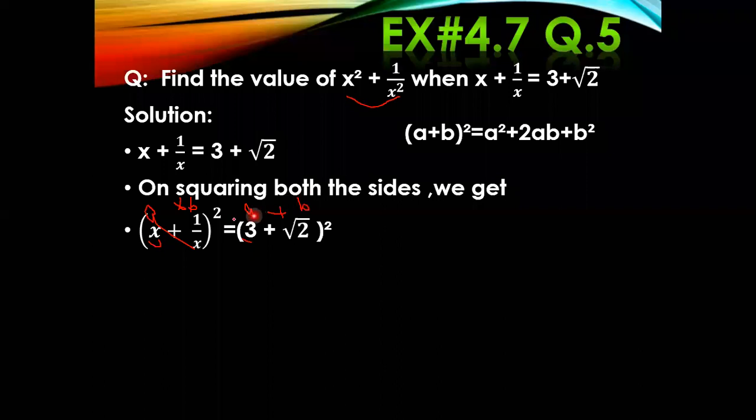Now you have to open both these using the formula, on the left hand side as well as on the right hand side. a plus b whole square is equal to term a square plus 2ab plus b square. So what are the terms on the left hand side? Term a is x and term b is 1 upon x. So you will take the square of x as well as the square of b, and also multiply ab with 2.